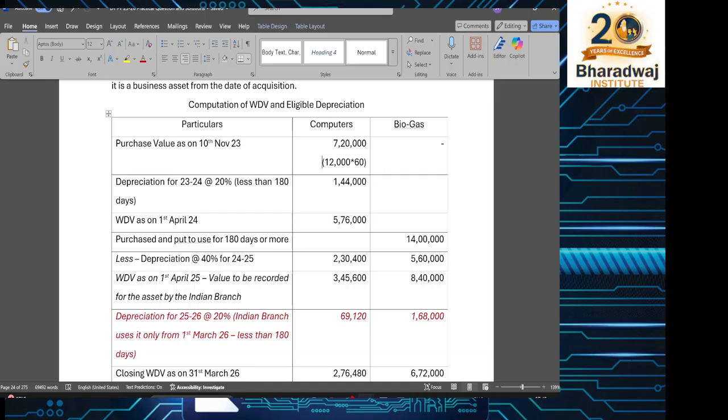If you understand the inference, you're getting the same answers. Once more, yes. Not from 1st March, less than 180 days it is used, so 20%.